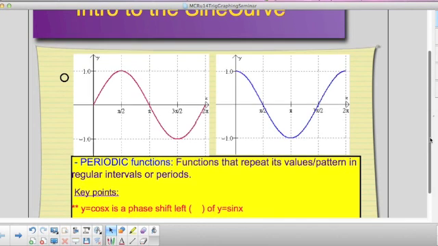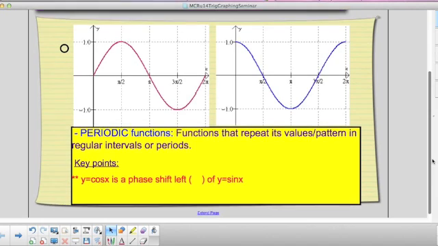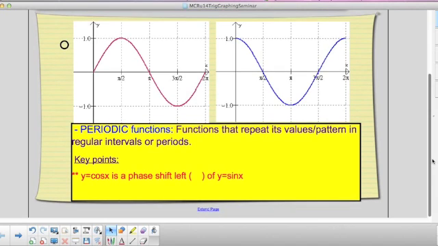But just like when we were talking about regular functions, we have a few key points that you're going to have to memorize that we're going to talk about in the next slide. And you may notice, so this is actually the graph y is equal to sine x, and this is the graph of y is equal to cosine of x.